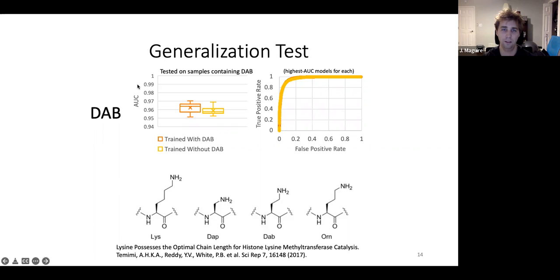And the model trained without DAB is shown in yellow. The original model that was trained with DAB is in orange. Then we measured the ROC exclusively on data containing DAB, and we're plotting the area under the curve.